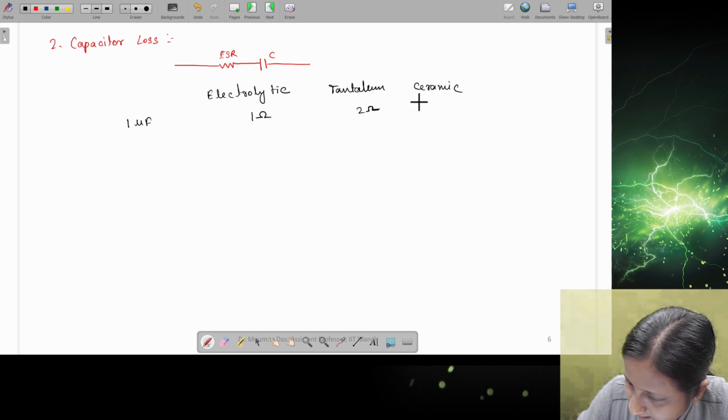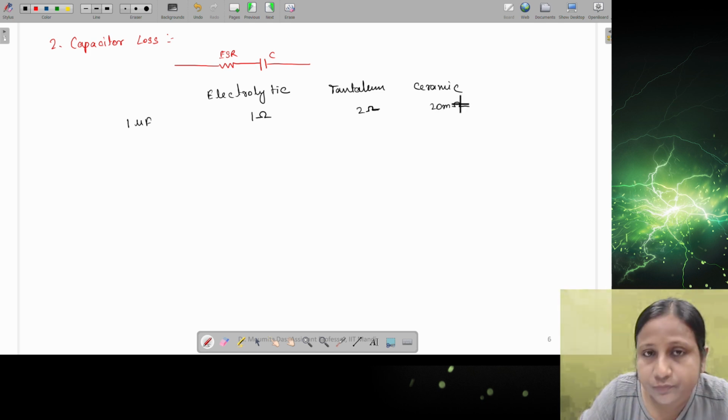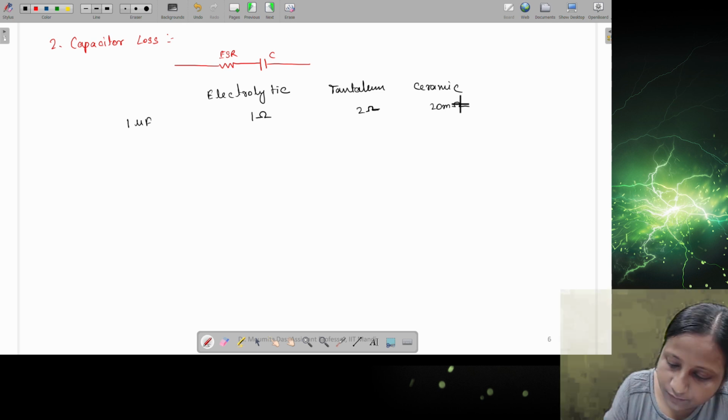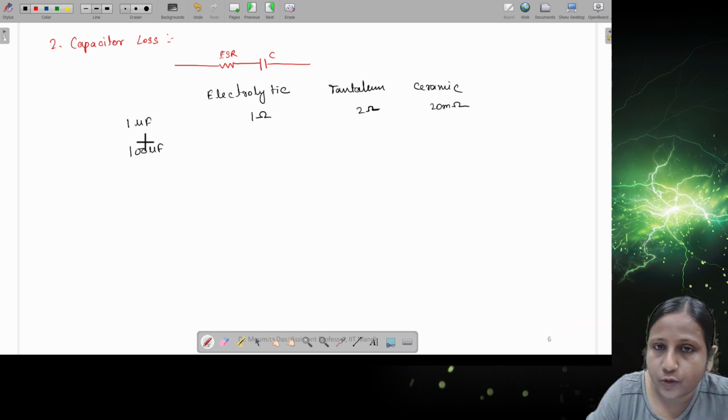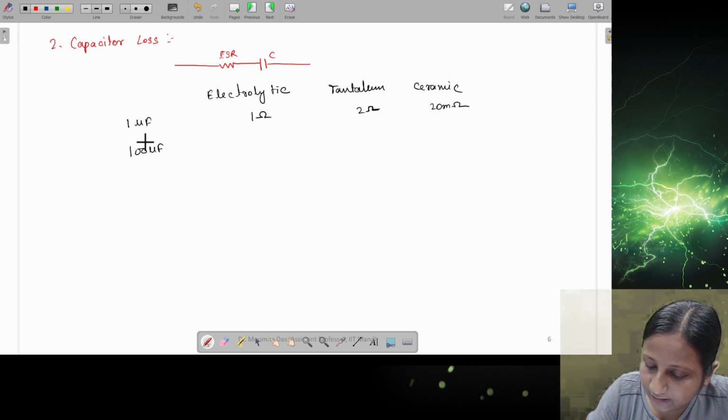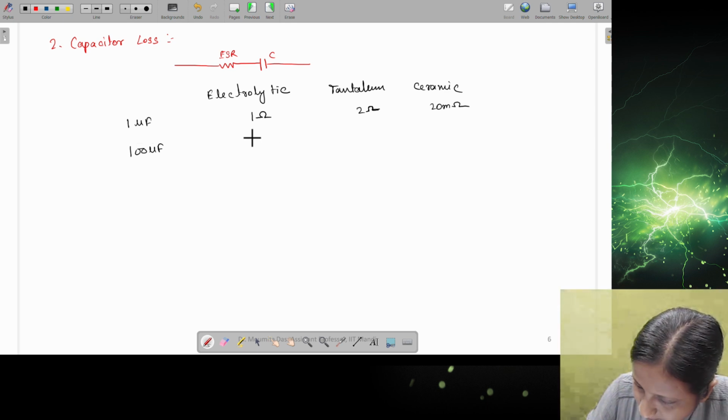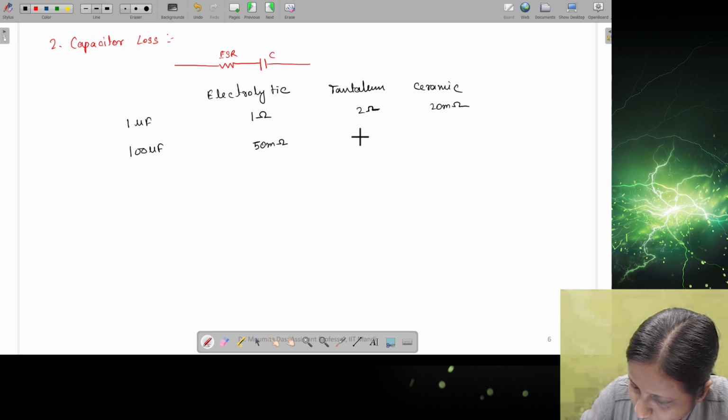If I select ceramic, then it will be 20 milli ohm, right? Now if I have to select 100 microfarad for some application, then electrolytic will have 50 milli ohm ESR, tantalum will have 1 ohm, and ceramic will have 45 milli ohm.